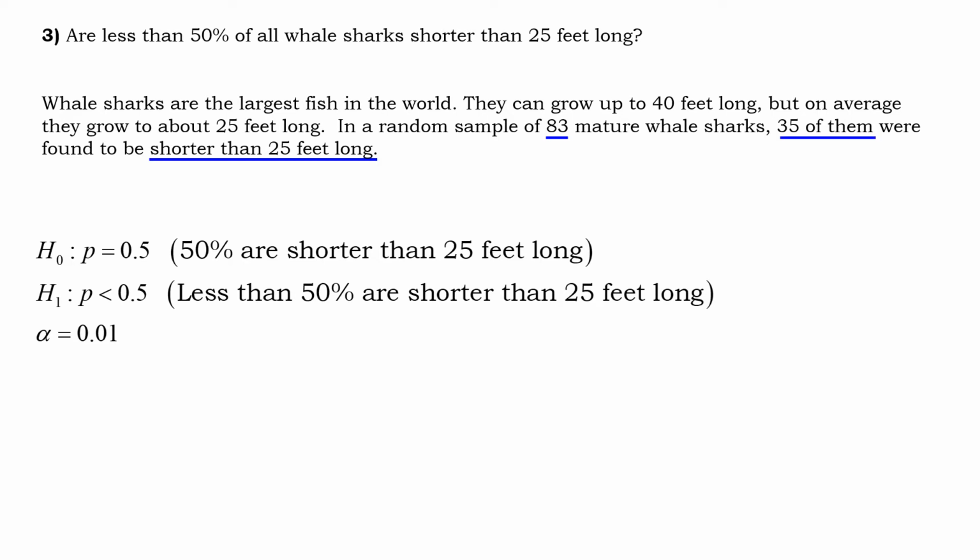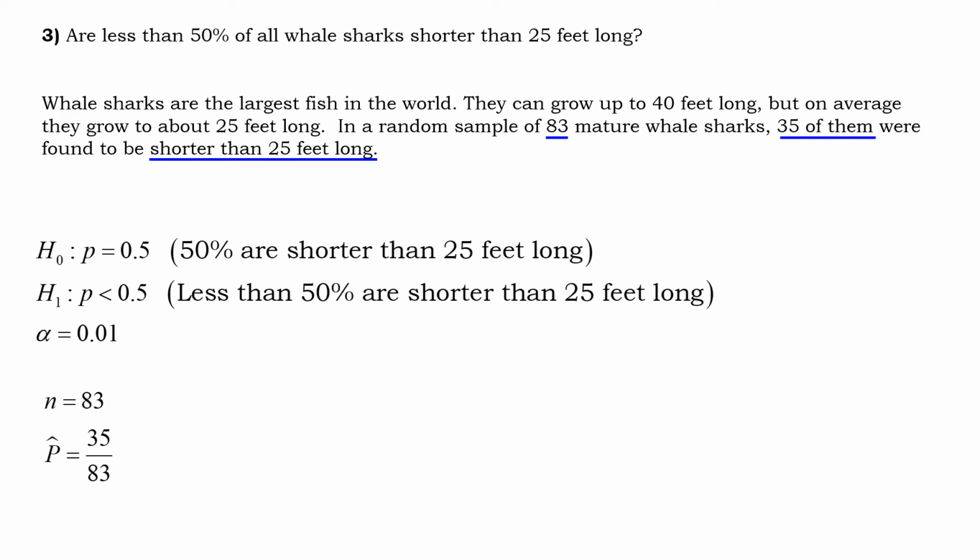So again, we had 83, that's my sample size, 35 of them being the 83 whale sharks in the sample. So 35 out of 83 met the condition of being shorter than 25 feet long. So I have my sample size N is 83, and my sample proportion is 35 out of 83.